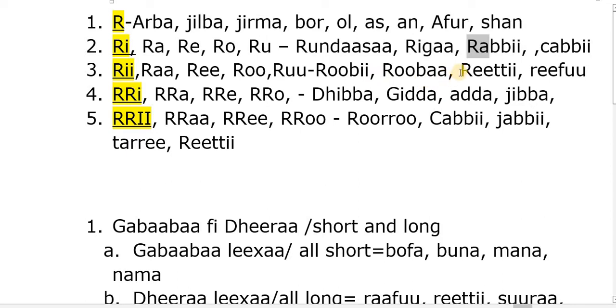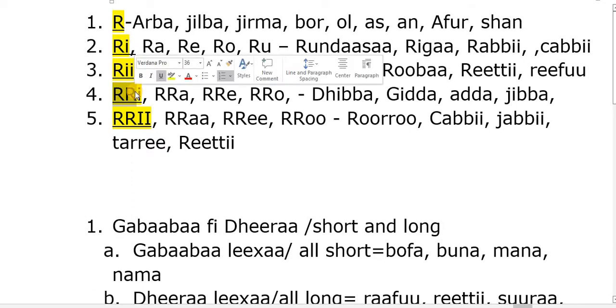Here, these are long. Okay. The fourth type of sound we hear or can read in Oromo, or can see in written Oromo, is the double consonant, which we call deep or strong sounds.